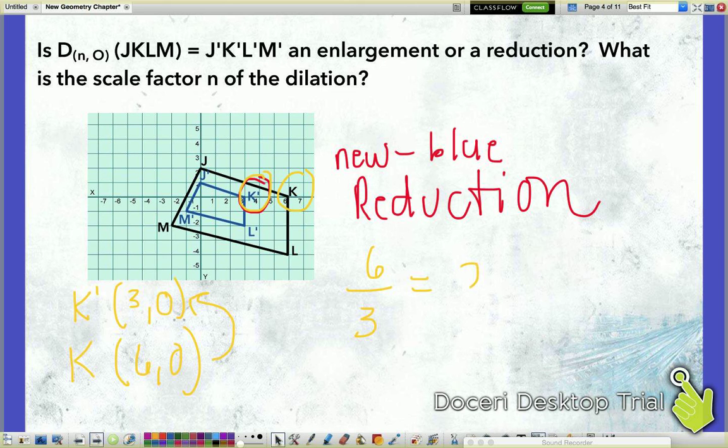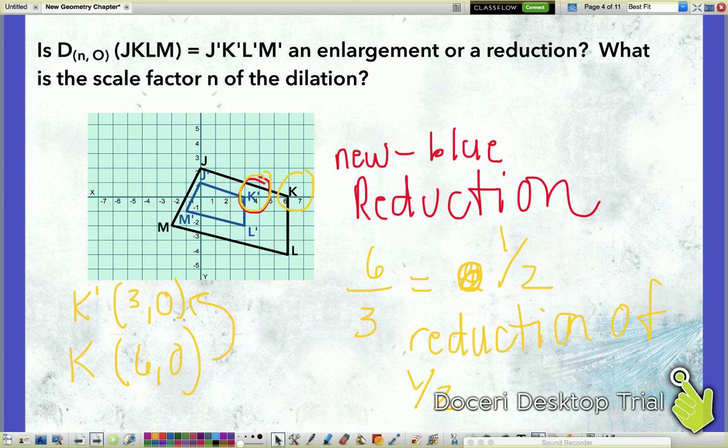So 2. Actually, it's a reduction of 2. I'm sorry, of 1/2, because 3 is half of 6, not 2. So they're reducing that by half. Sorry. I knew what I wanted to say in my mind, and it didn't come out right, of course. Nothing ever does.